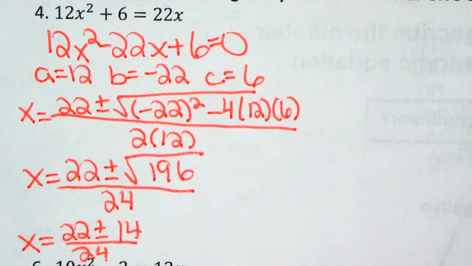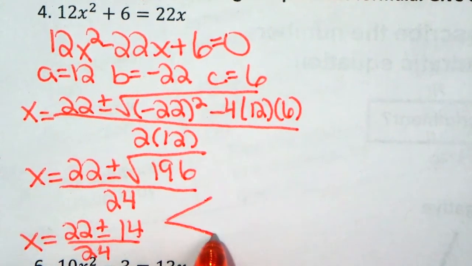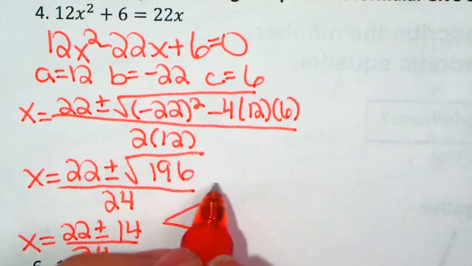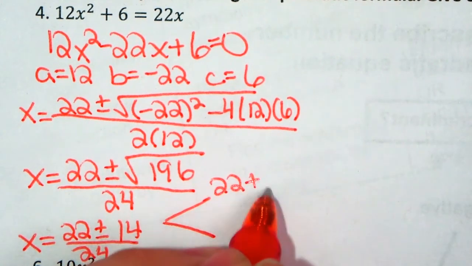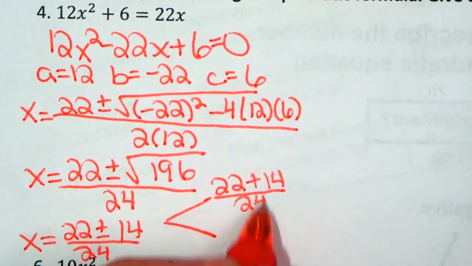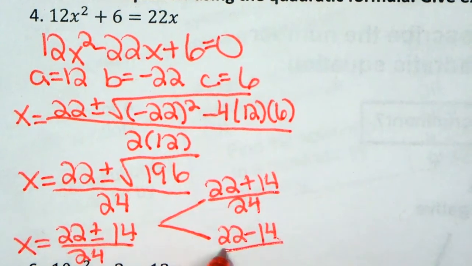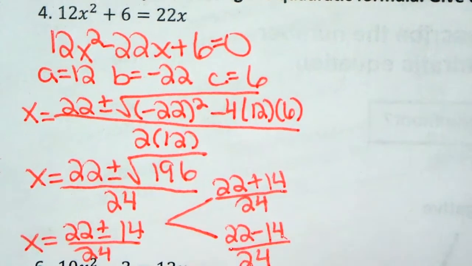Now you'll notice in this example I don't have any square roots, so we actually do need to solve this out. We'll have two separate equations to solve out. One will be 22 plus 14 over 24, and one will be 22 minus 14 over 24.